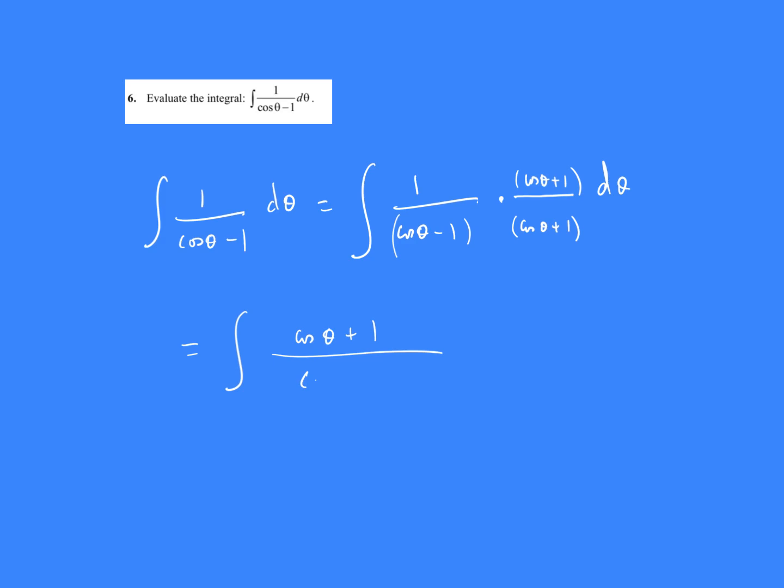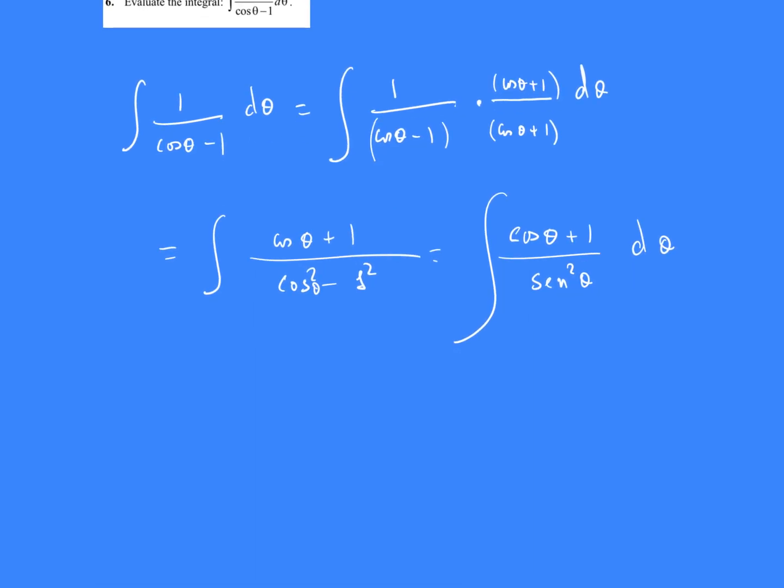And cosine squared of theta minus 1 is sine squared of theta. So this is the integral of cosine of theta plus 1 divided by sine squared of theta d theta. Oh, now I'm in a better position to guess what the integral of this is.